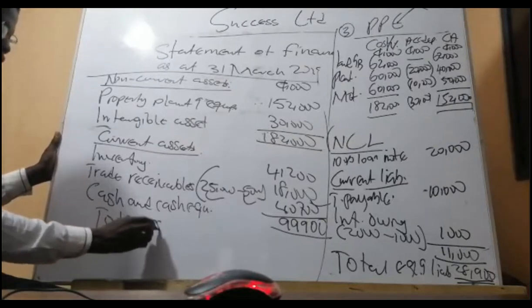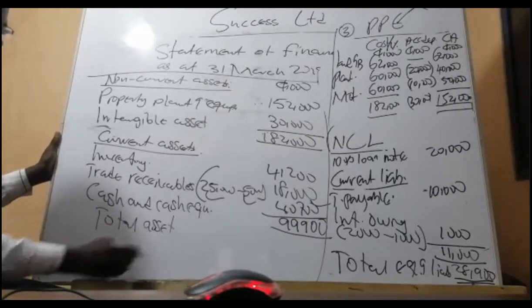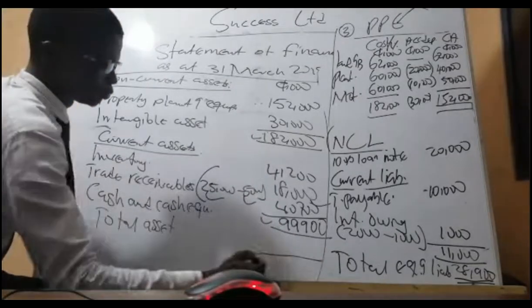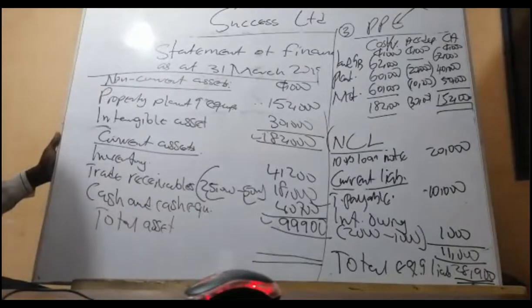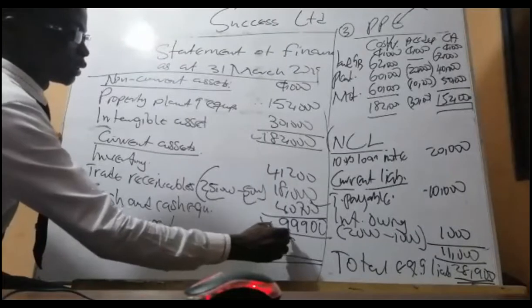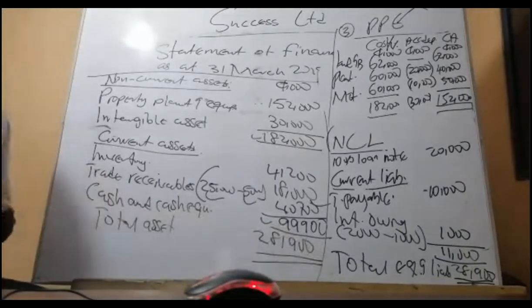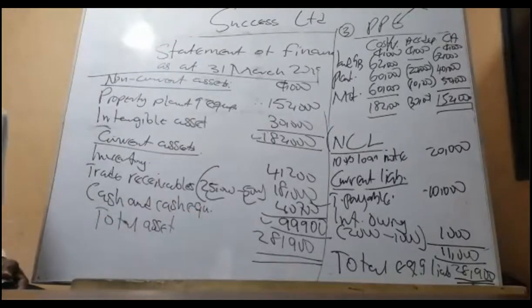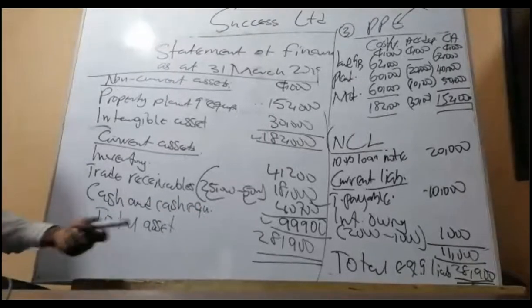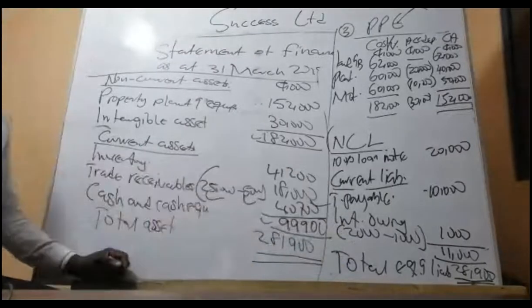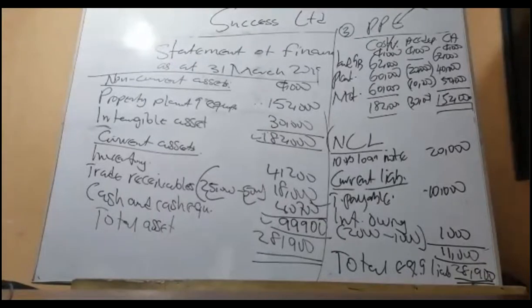Total assets must be 281,900. Agreed. Good. That means it must be equal to the total equity and liabilities, 281,900, and it's balanced nicely for you.